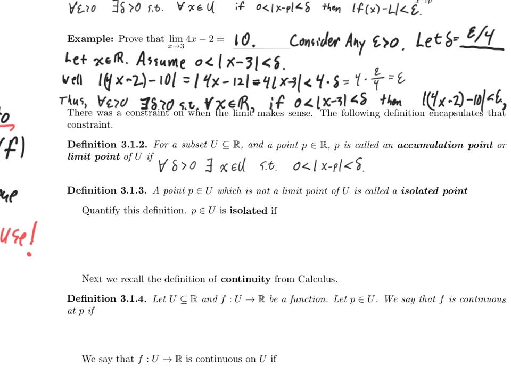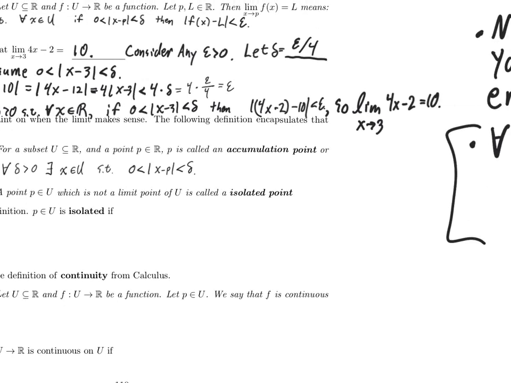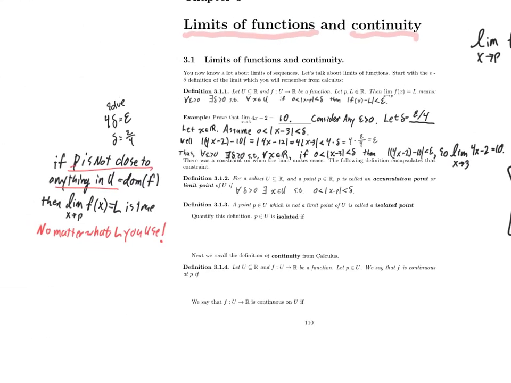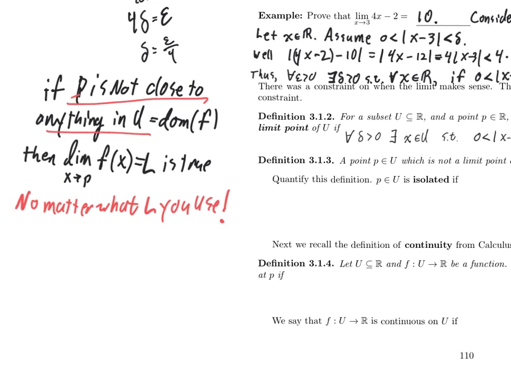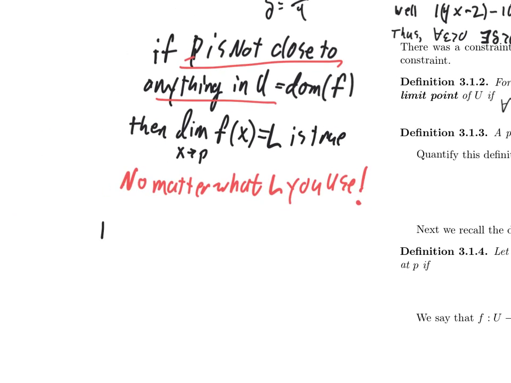And let's just practice our negations and figure out what that means. So p is isolated means p is not a limit point.